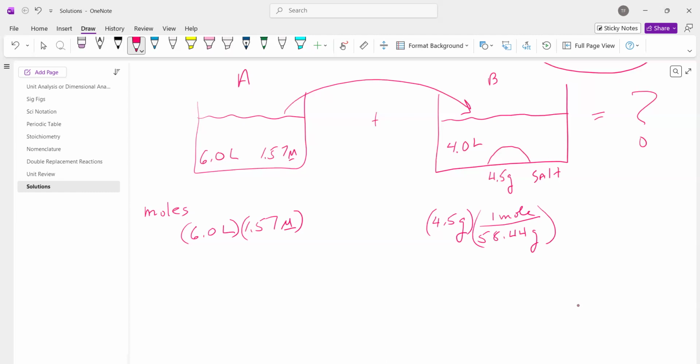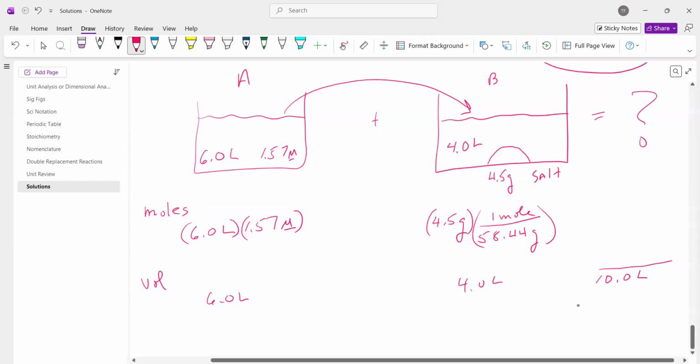Okay, and then we have volume, 6, 4. I'm taking a wild chance and say it's 10. You guys check me on that now.